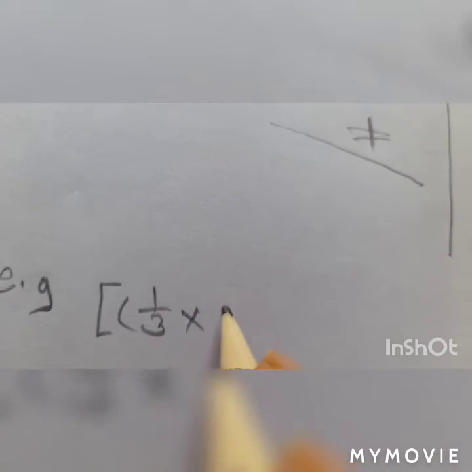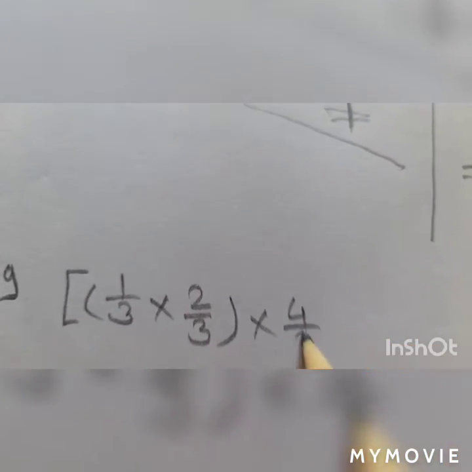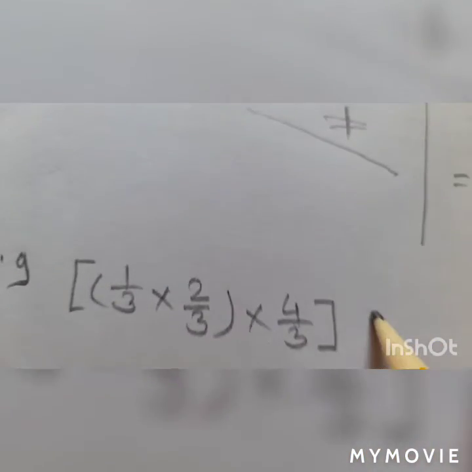Now let us check the multiplication. In square bracket 1 upon 3 multiply by 2 upon 3 multiply by 4 upon 3, square bracket complete.